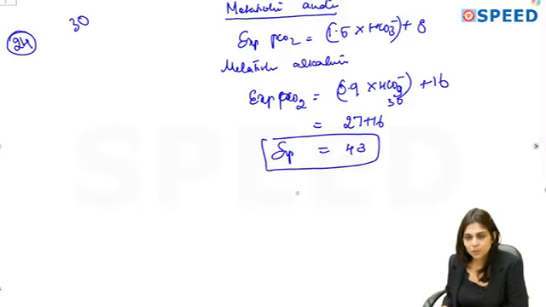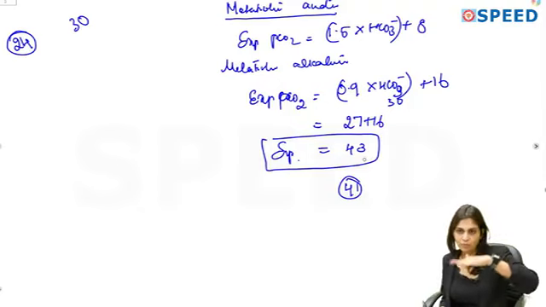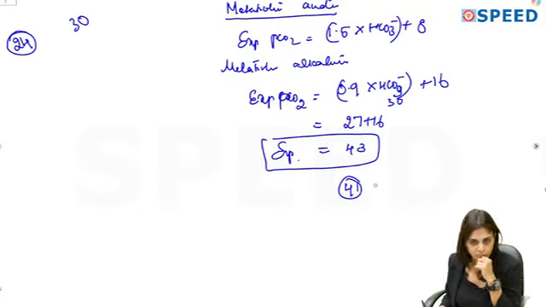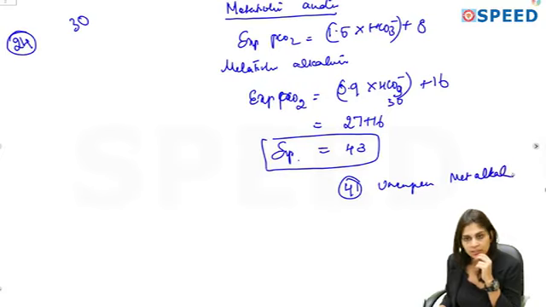And if the actual PCO2 in that person is 41, what will be your answer? You expect it to be 43 from 40. If it's actually 41, it is uncompensated metabolic alkalosis.